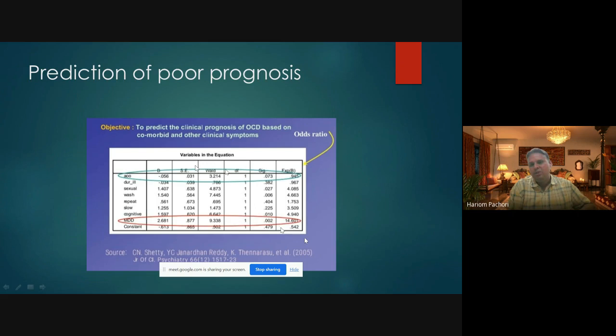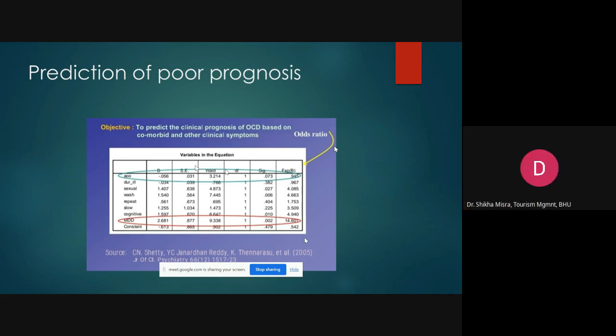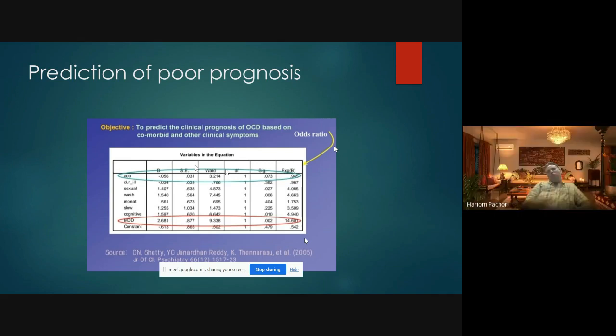Can you tell me the odds ratio value? What is the odds ratio value for MDD? So 14.601. Yeah. So how to interpret this? What is the meaning of 14.6?